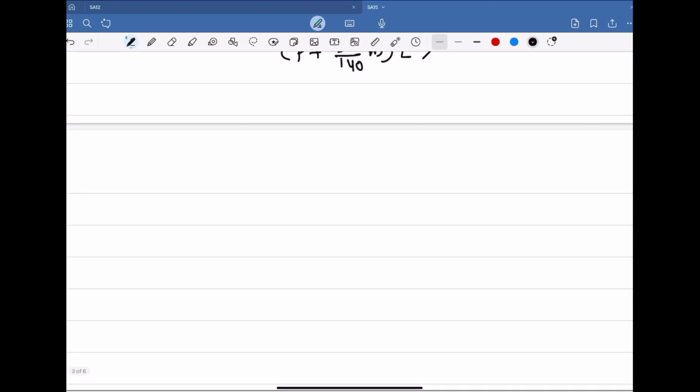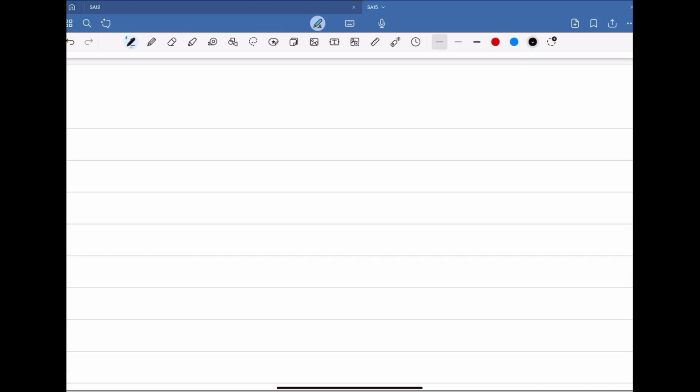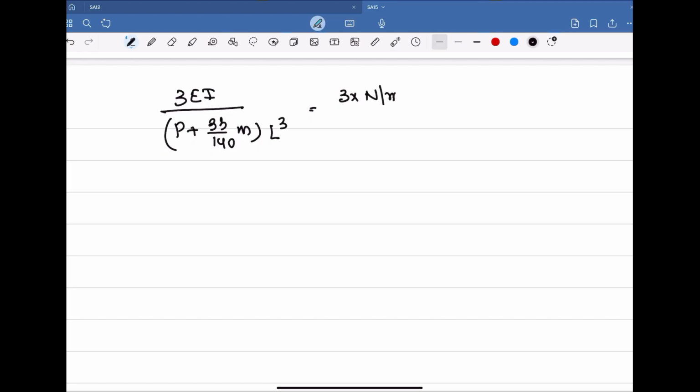Let us try to find out the dimensions of the right hand side. 3EI by P plus 33 by 140 m into L cube is equal to 3 into Newton per meter square E. I is meter to the power of 4 divided by kg plus 33 by 140 into kg into cubic meter.